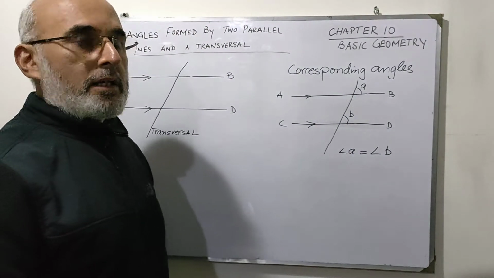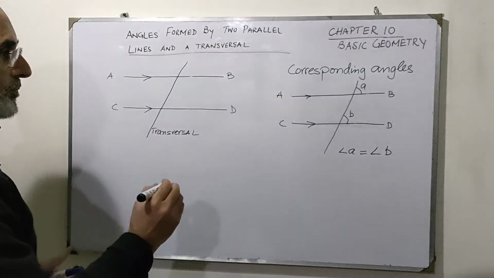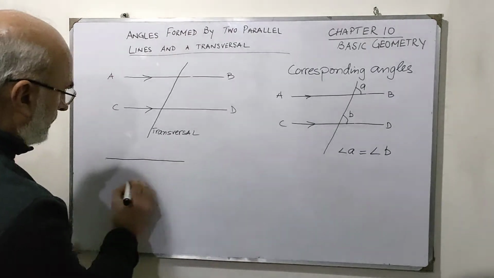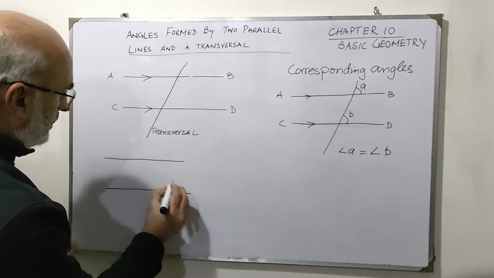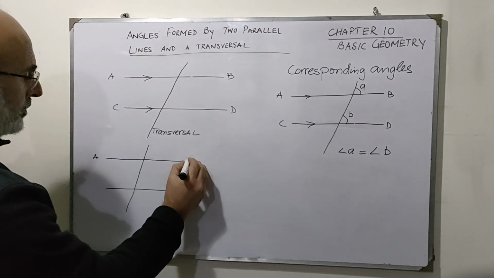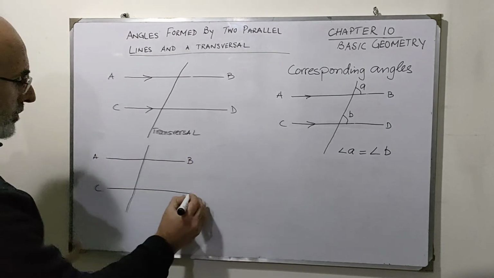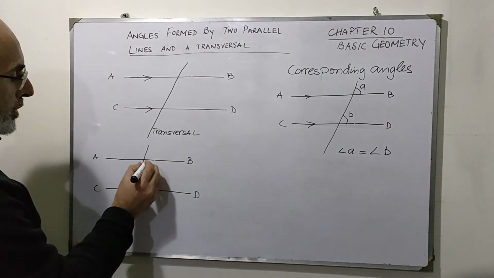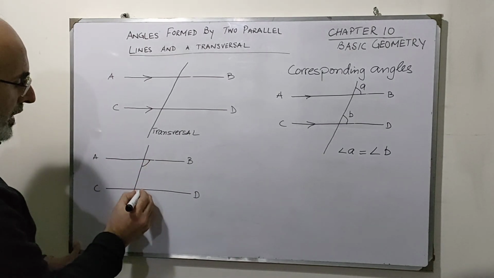Now there is another possibility, possibility number 2. Now the possibility 2 is this and this.